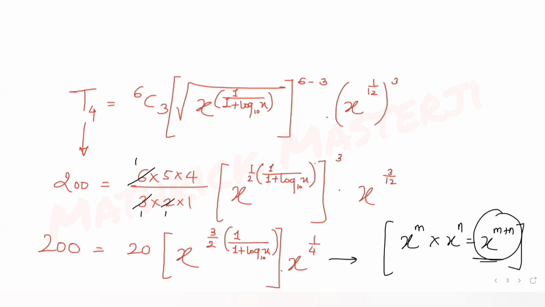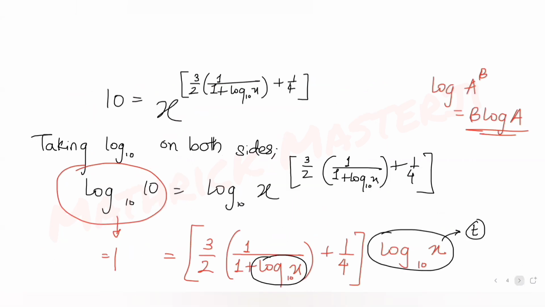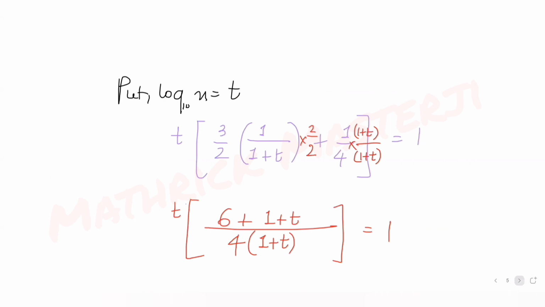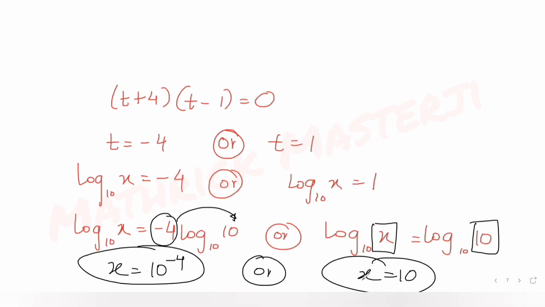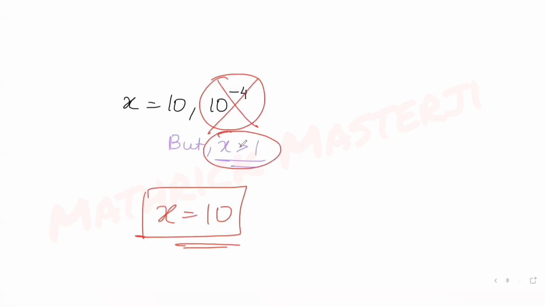And then I solved that entire thing to get the value of x using the ideas of logarithms and quadratic equations that gave me the values of x as 10 or 10 raised to minus 4. But x is given greater than 1, so that gives us the definite value of x as 10 that matches with answer option C. So C becomes the correct answer for the question given to us.